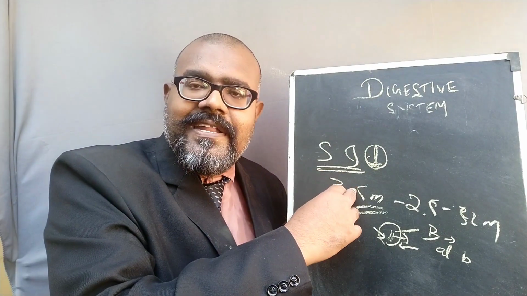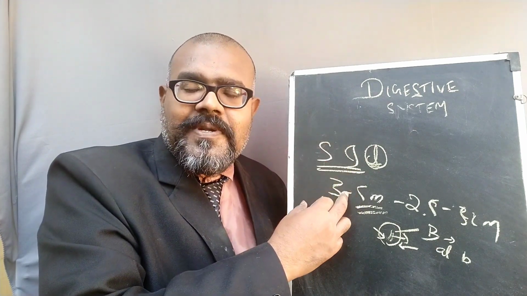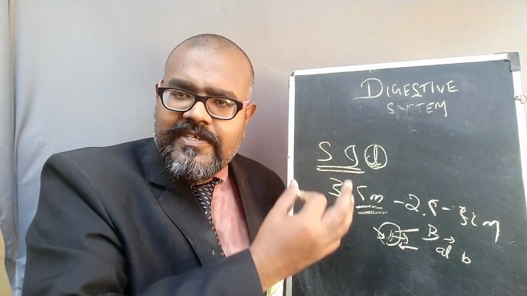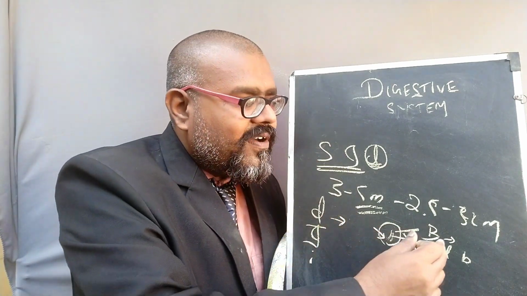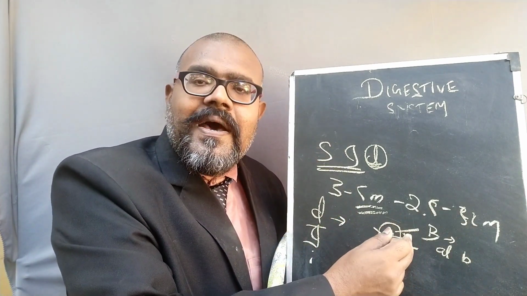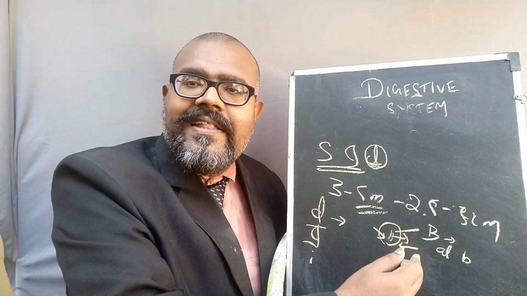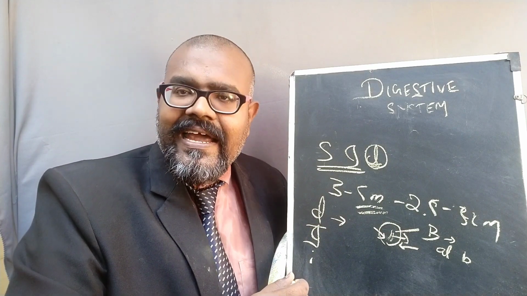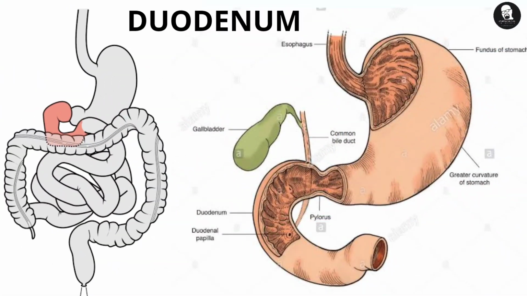The chyme contains hydrochloric acid, so it is fully concentrated. That concentration slows down because of the mixture of the bicarbonate from Brunner's gland, the pancreatic juice and the bile juice. So the acidic material is converted into alkaline here in the duodenum itself.